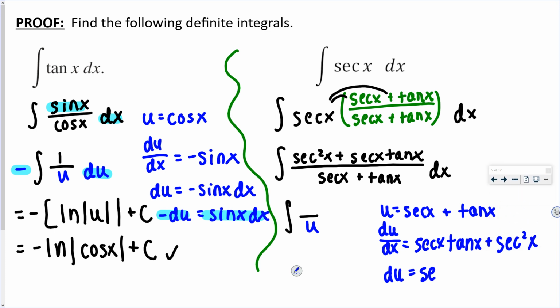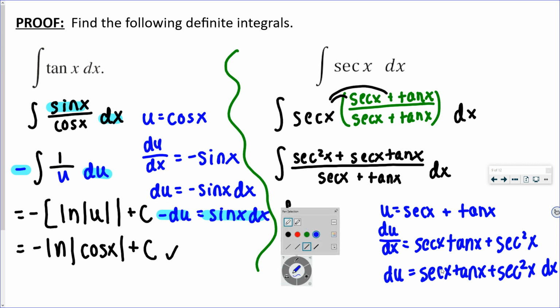I see that right in my integrand. Right here. Secant squared plus secant tangent dx. So I can substitute that all in for du. I don't even need to bring out any constants or anything.